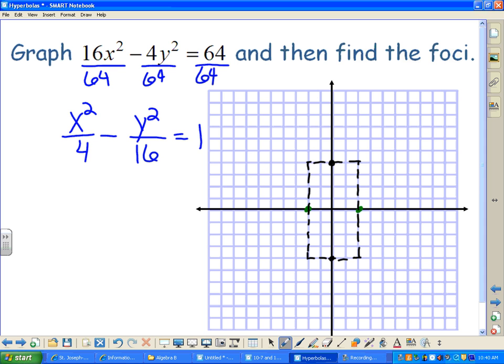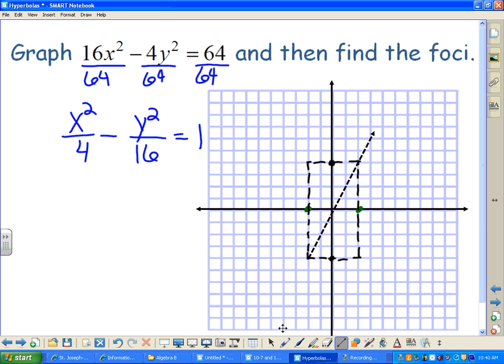It turns out that the asymptotes are generated by drawing 2 diagonal lines through this rectangle going from corner to corner. So, using dotted lines, because they're asymptotes, you want to go from one corner to the other, passing right through the center point.